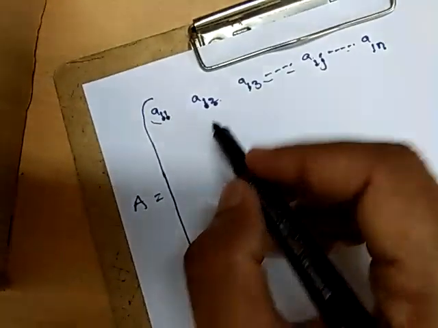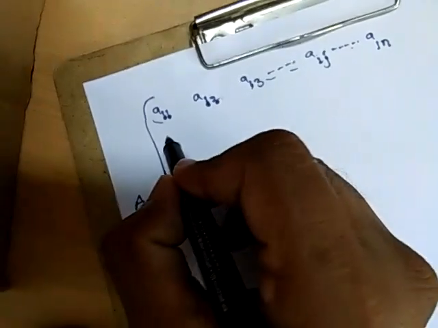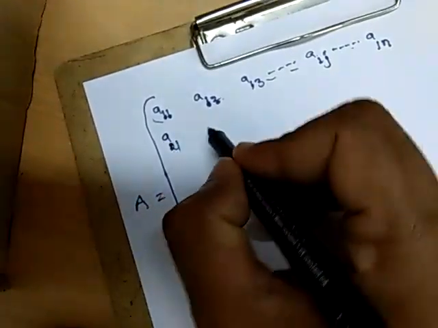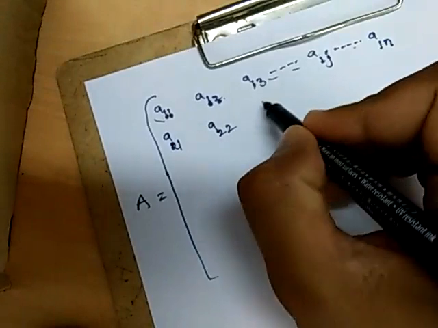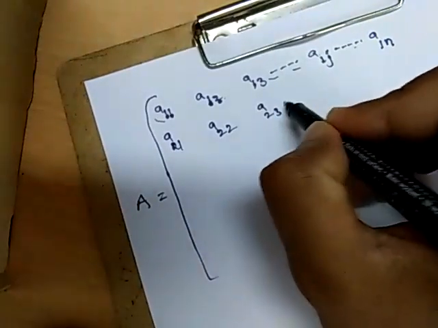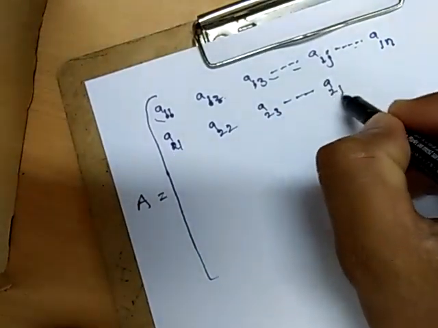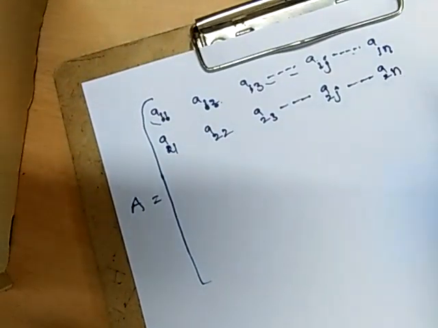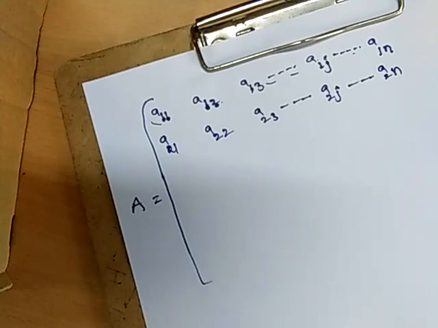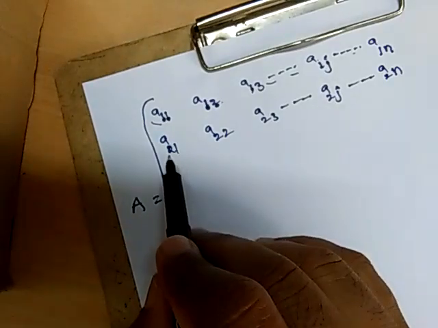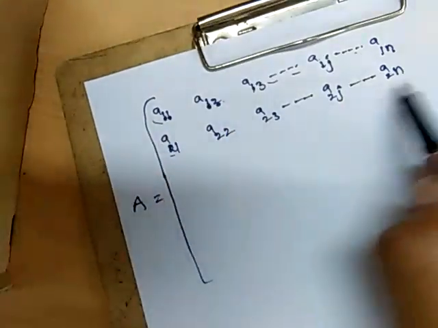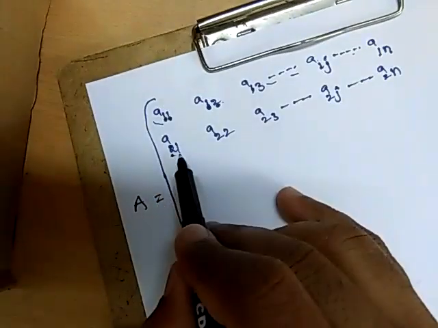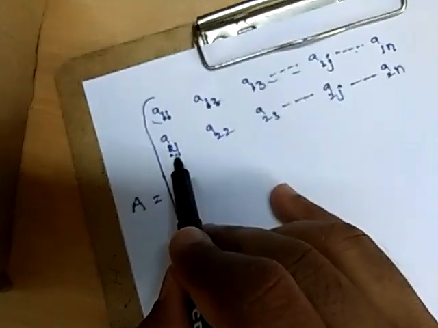Okay, next: a21, a22, a23, and so on, a2j, and so on, a2n. Observe here: second row, first column, this element is a21.